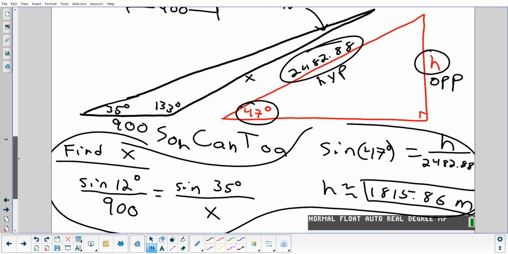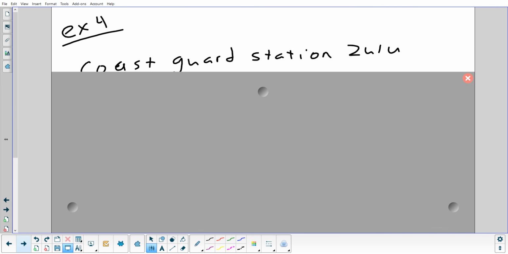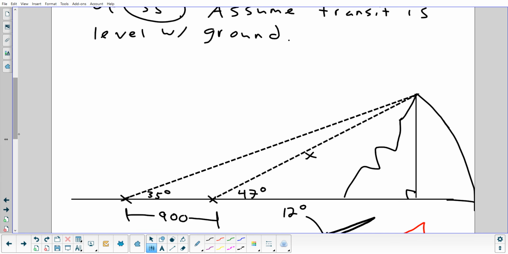All right, so in this one, you had to find something else before you could actually find what they wanted. In the last one, you're not going to have to do that. They're going to ask you to find something, and you're going to be able to find it right away. This one is going to be very similar to the last one in the sense that you're going to have a stationary object and it's going to be observed by two different people.